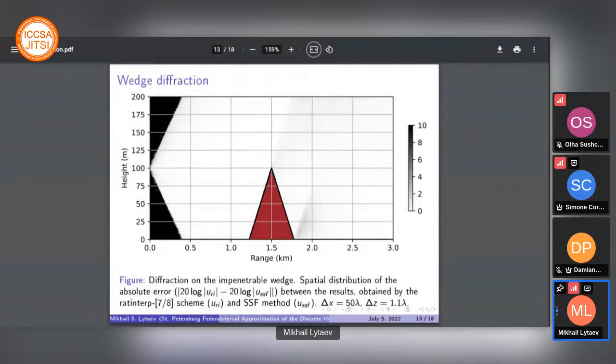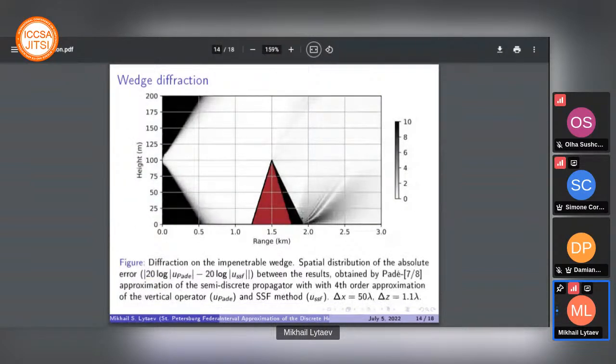Both methods use the same computational grid. It can be seen that both methods yield indistinguishable results for the desired range of propagation angles. In particular, the proposed method with the selected computational parameters correctly calculates the field in the diffraction zone behind the obstacle.